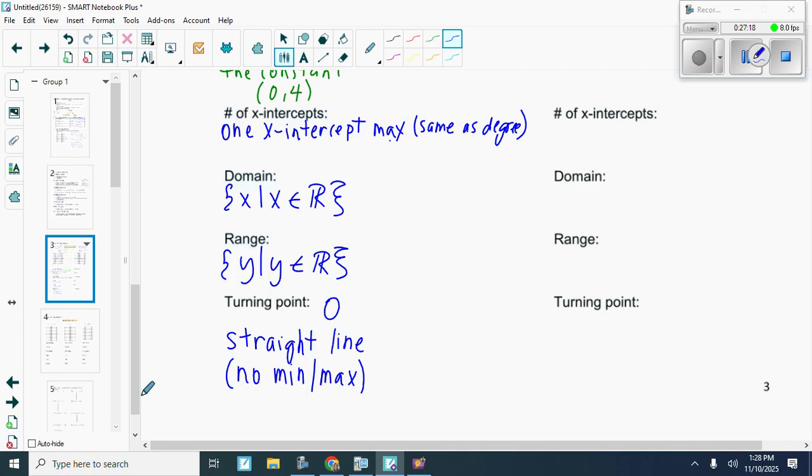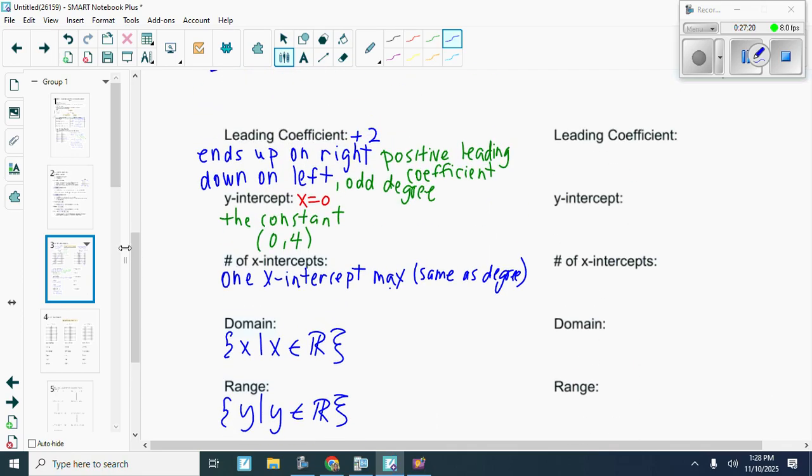So we're gonna look at the one right beside it. It's pretty much gonna be exactly the same thing except for the leading coefficient. This time the leading coefficient was -2. So we're gonna notice that instead of ending up on the right, it ends down on the right.